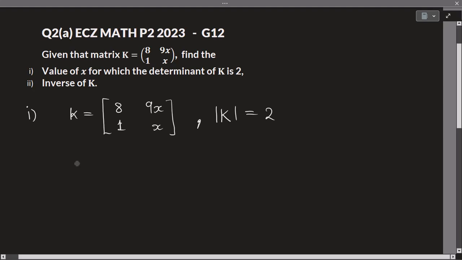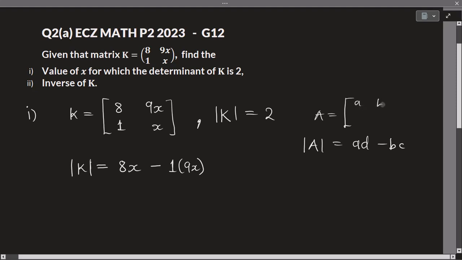So what we're going to do is use the formula definition of the determinant, which means we'll multiply the 8 by the x minus the 1 multiplied by 9x. If you remember earlier in this video, we said the determinant of the matrix, usually you can say, is equal to AD minus BC, given that A is a matrix in this form.